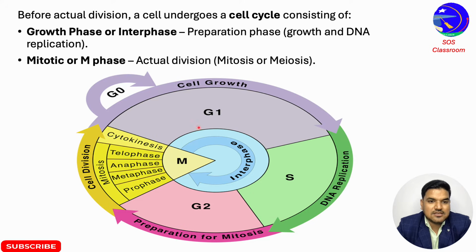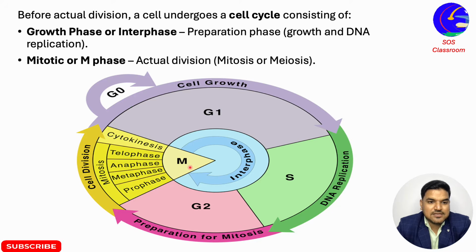We already discussed this graph. Interphase is divided into three stages, G1, S and G2. G1 means gap 1, S means synthesis phase, G2 means gap 2. G1 is also called cell growth, S is the synthesis phase meaning DNA replication, and G2, gap 2, is also called preparation for mitosis.